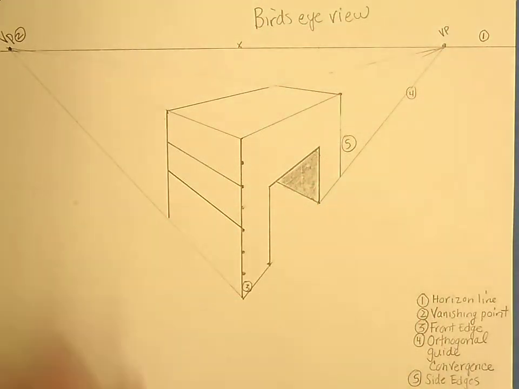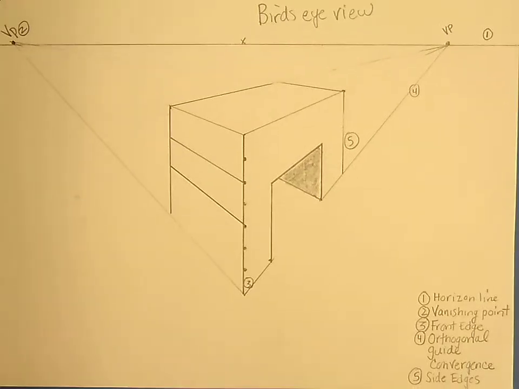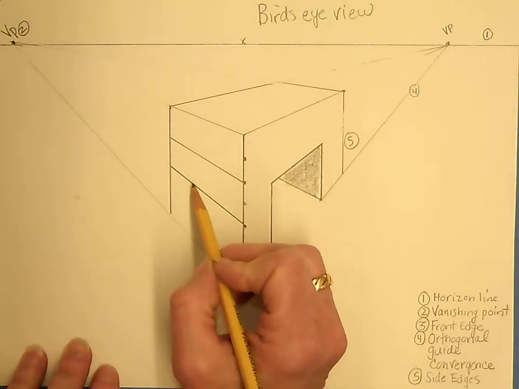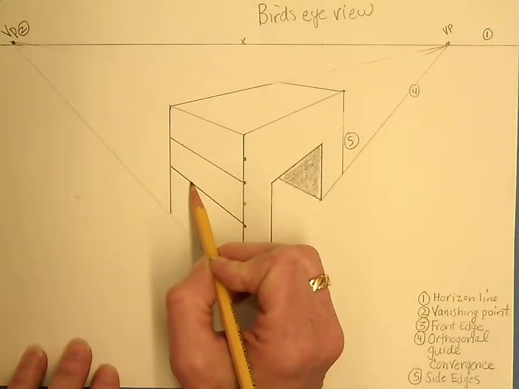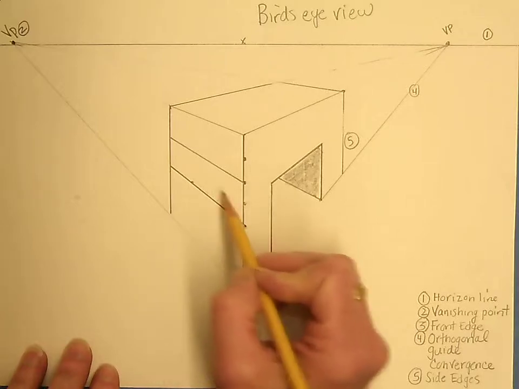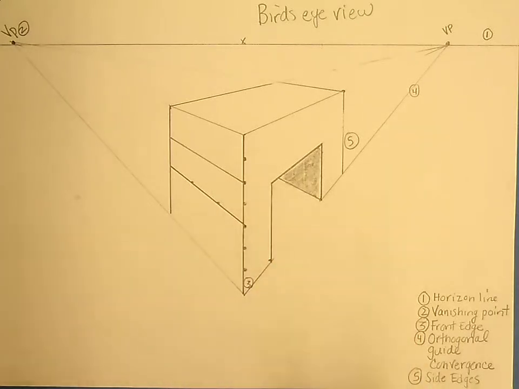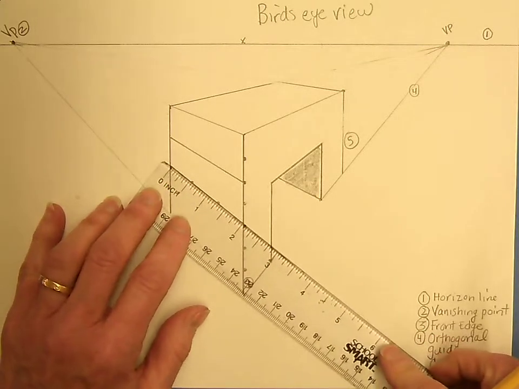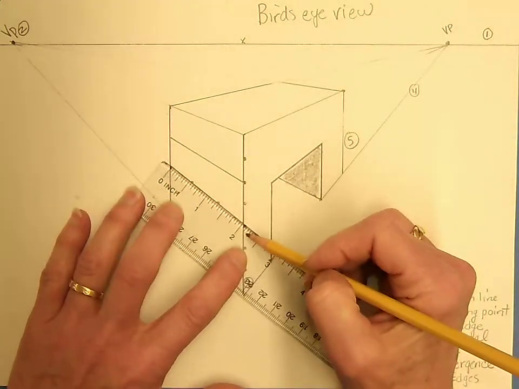Okay, we're going to split this up into 3 window panes. So what you can do is visually, you can make a good guesstimation, make a good guess, as to where 3 windows might lie. If you would like to measure it, you can. Okay, so this is about 2.